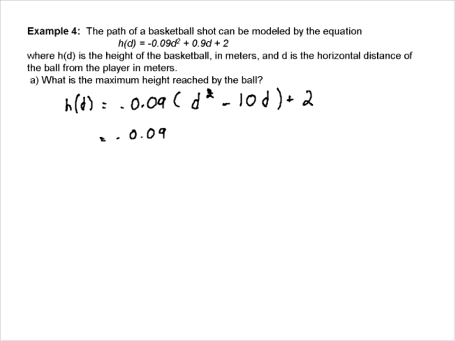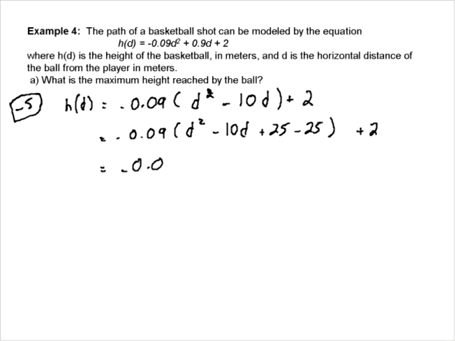So we have negative 0.09 d squared. Half of negative 10 is negative 5. So we're going to get d squared minus 10d plus 25 and minus 25. And then that plus 2 is, of course, kicking around.